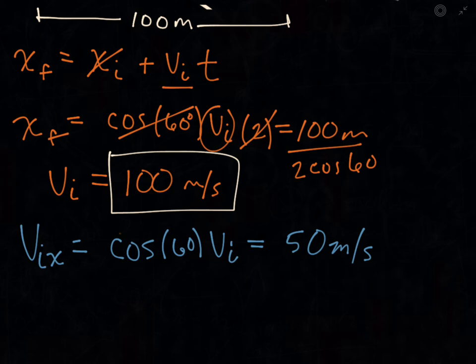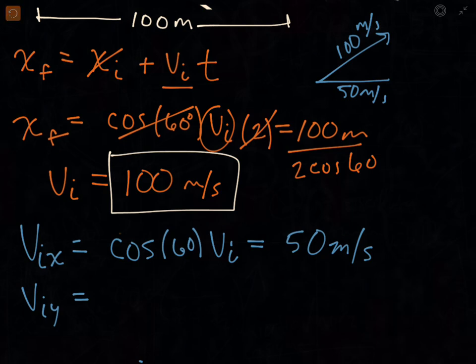Sweet. Okay, so we know that our initial velocity is 100 meters per second, and this component is 50 meters per second. So we can also find our initial velocity in the y direction, which is the sine of 60 times the initial velocity, 100 sine 60.